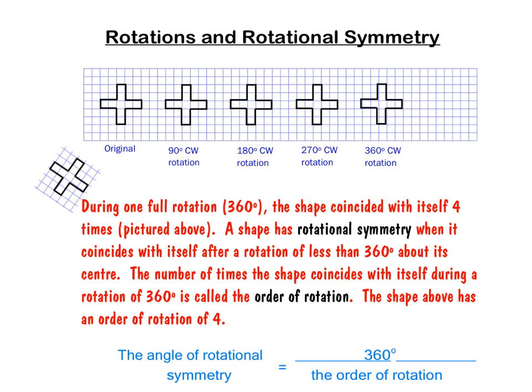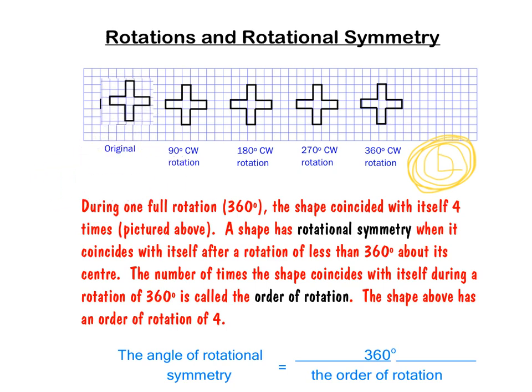So here's the hands on a clock. And as long as we're going in this direction, this is considered to be clockwise. Okay? So, with that said, this is our original object here.